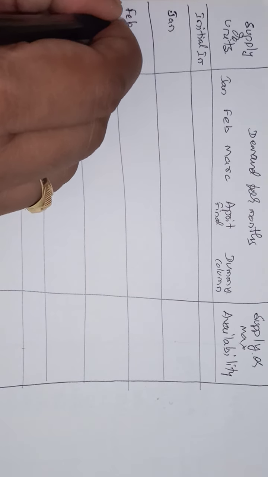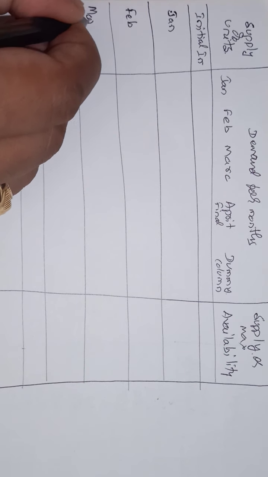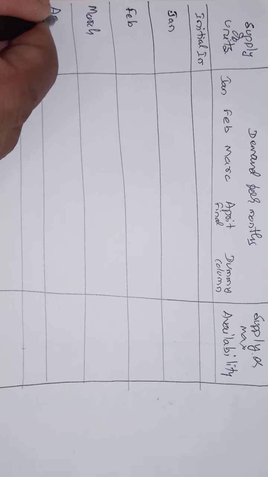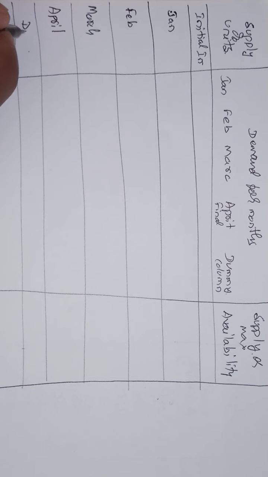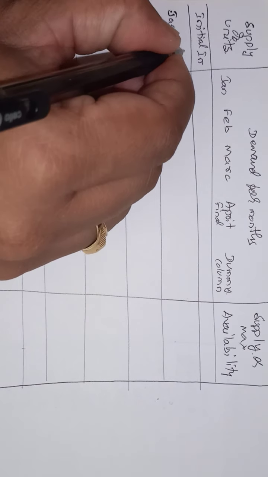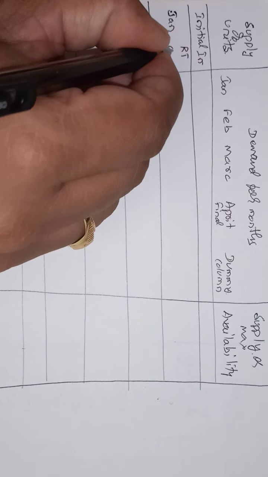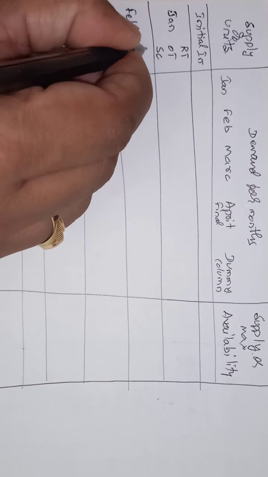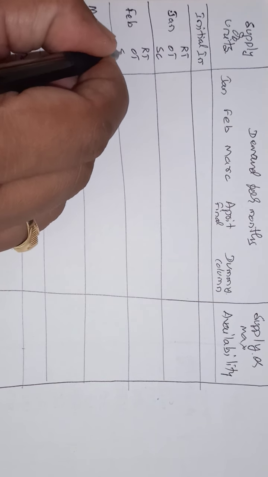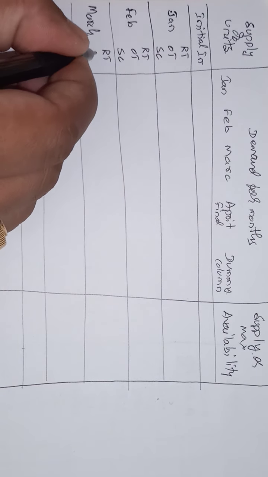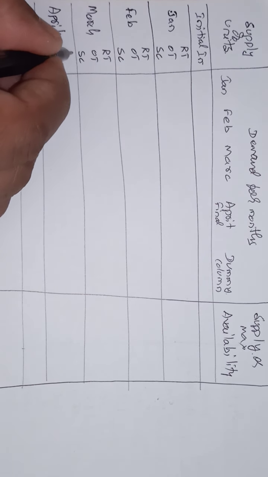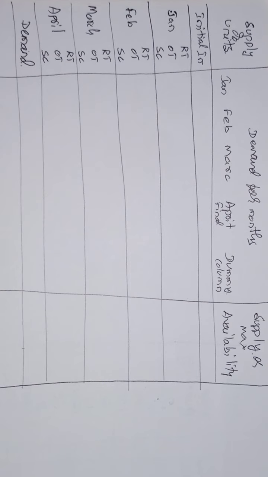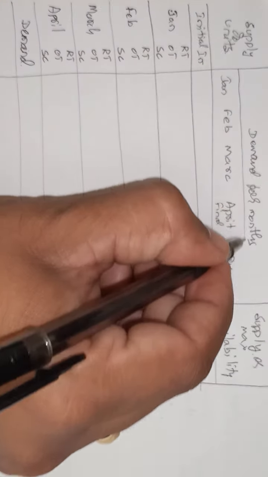January, February, March, April, and here you have a demand. In each and every month we have RT, OT, SC, repeated for each month.